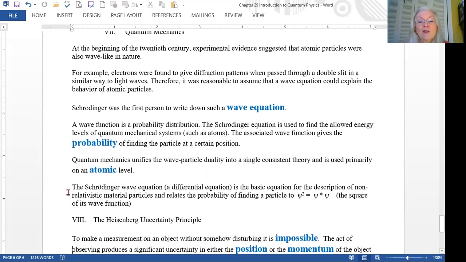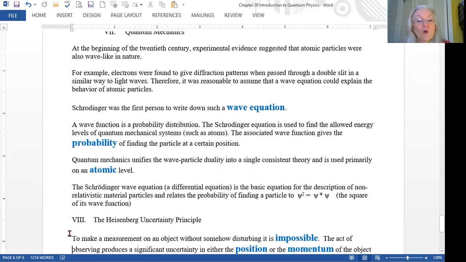So our Schrodinger wave equation is a basic equation that describes non-relativistic material particles and relates the probability of finding the particle to the square of the wave function. The wave function is usually symbolized by the Greek letter psi. That's this little pitchfork looking symbol. And the probability is the square of it. So psi squared, we don't say psi multiplied by psi, but they use this little asterisk to indicate that you're squaring it. And it's read as psi star psi. So you move along that way.